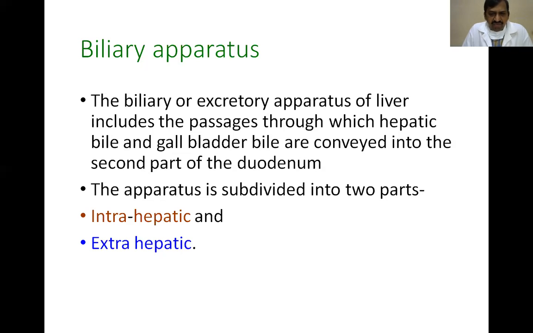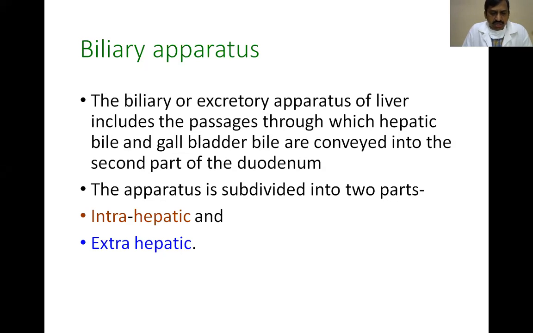This is meant to convey the bile secreted in the liver into the second part of the duodenum for the emulsification of fats. For this purpose, there is a special arrangement, and that arrangement is nothing but the biliary apparatus.